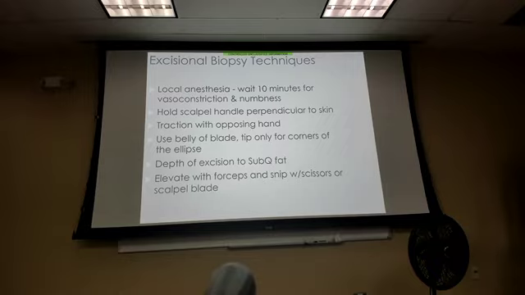Tip only for the corners of the ellipse. We want to go all the way down to the sub-Q, so we want to get all of the fat. Elevate with the forceps and snip with the scissors or scalpel blade, to go up and under.